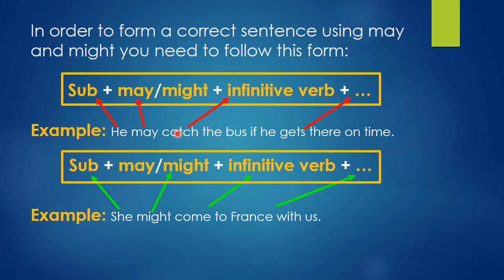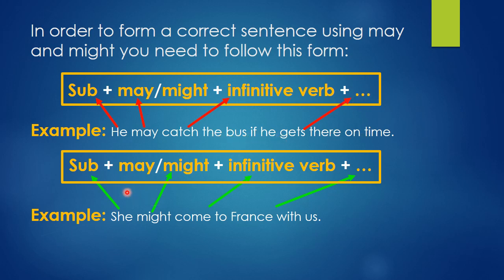There's no es, we can't write caught, we can't write catching, we just leave it as it is. So he may catch the bus if he gets there on time. The bus if he gets there on time is the rest of the sentence.